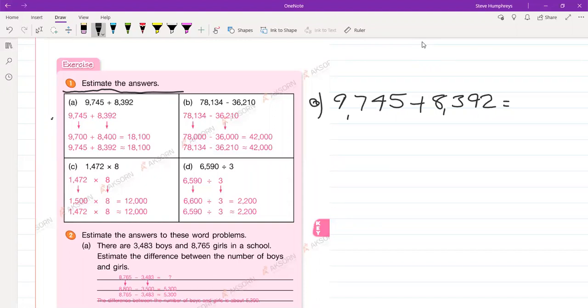There are different ways of doing it. It depends what you round the number to. You'll get different answers. Here's my example. I rounded 9,745 down to the nearest 100, to 9,700.